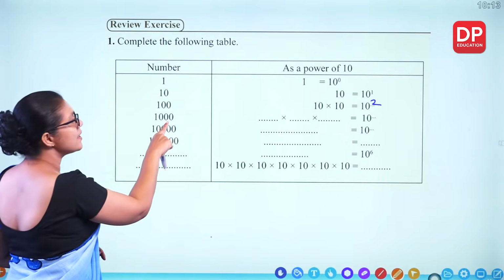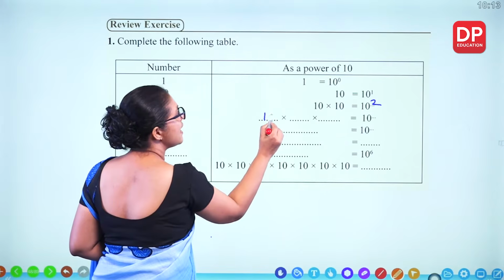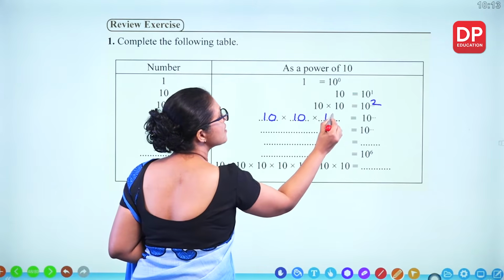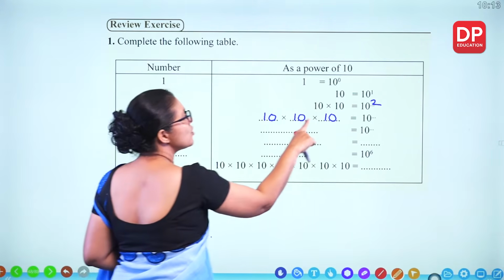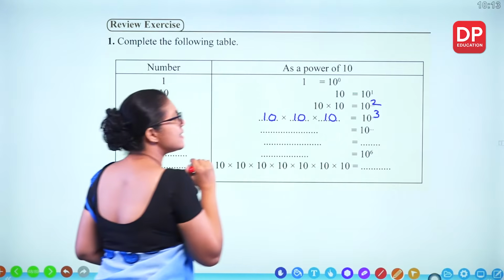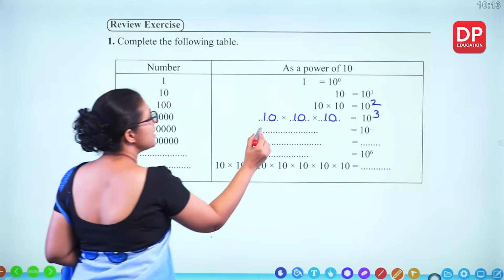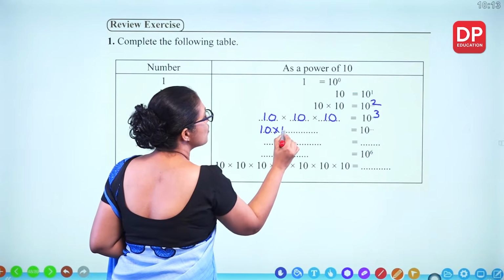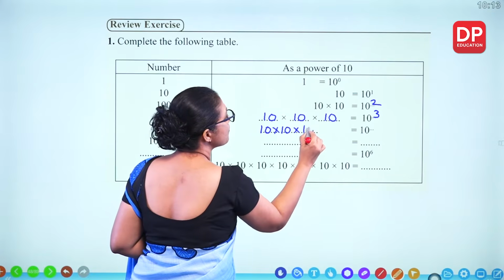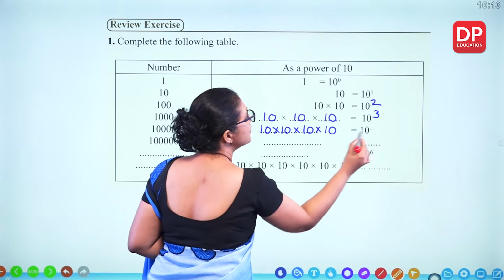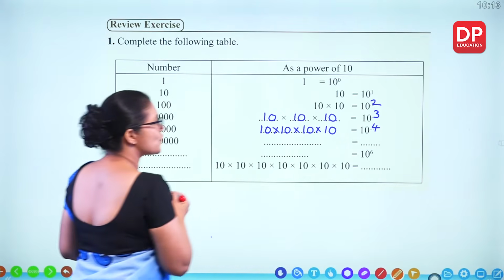Now write 1000. 1000 means 10 3 times. So what's the power? 1, 2, 3. Power is 3. 10,000. You have to multiply 10 4 times. Then what's the power? Power becomes plus 4.